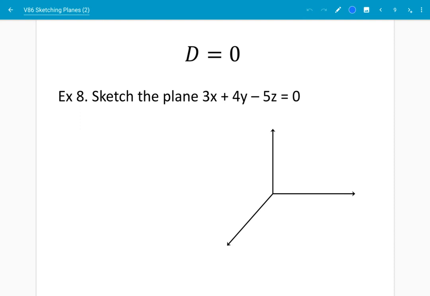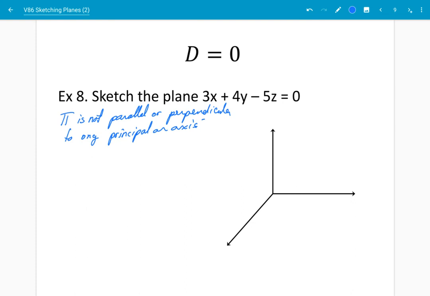So this plane is not parallel or perpendicular to any principal plane or axis. So this makes sketching a little more fun, I guess you could say. You can't just do intercepts. I mean, it goes through the origin, great, but now what?